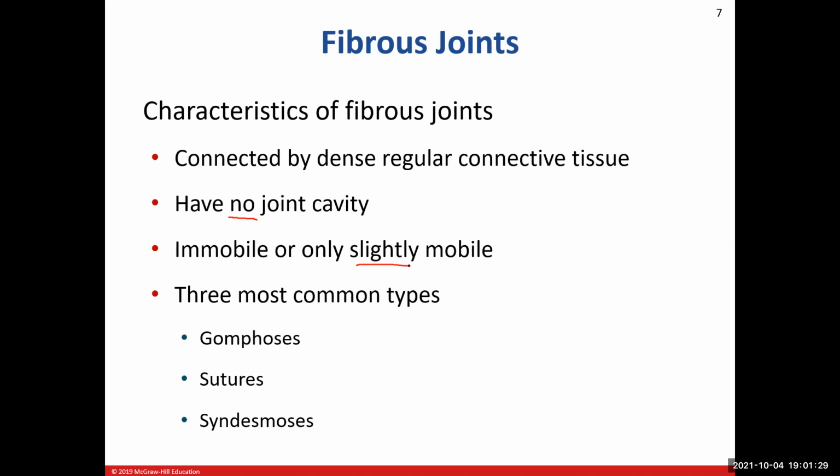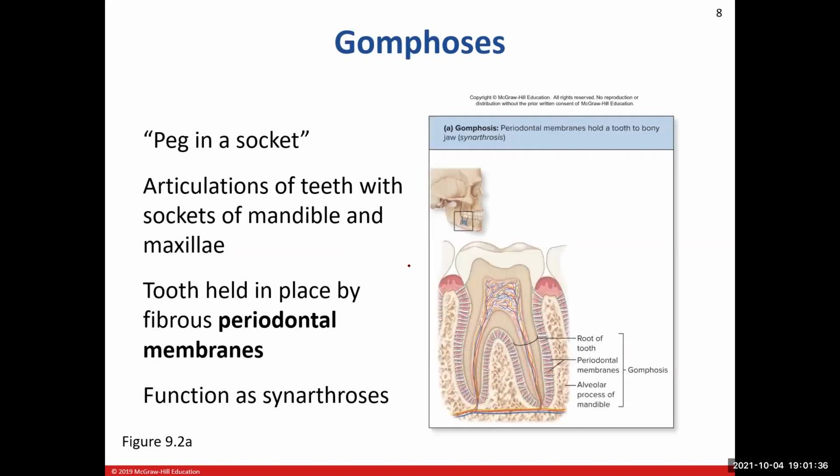You've already seen a syndesmosis joint when we were talking about the forearm. We're going to revisit that in a moment. Our gomphoses, one of my favorites, is a peg in a socket: your tooth. How your tooth sits in your mandible and maxilla is a gomphosis.